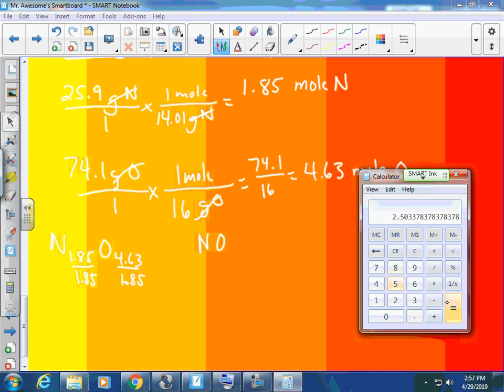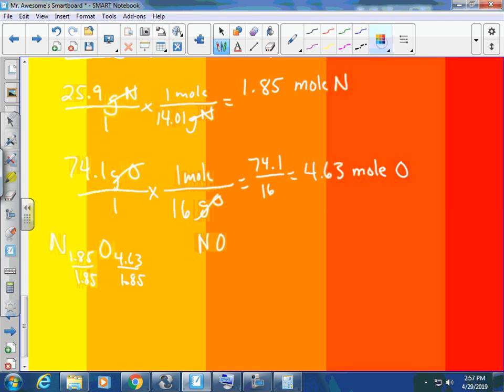I'm just looking for a round number, about 2.5. Okay, so that's helpful, because now I can see that this ratio, 1.85 to 4.63, is the same thing as a 1 to 2.5 ratio.